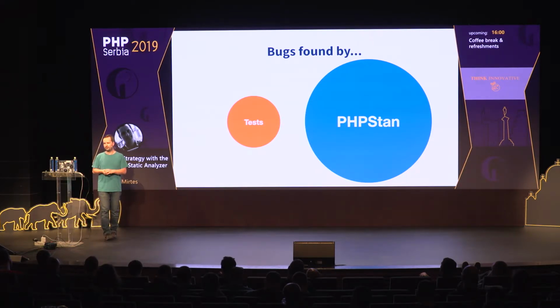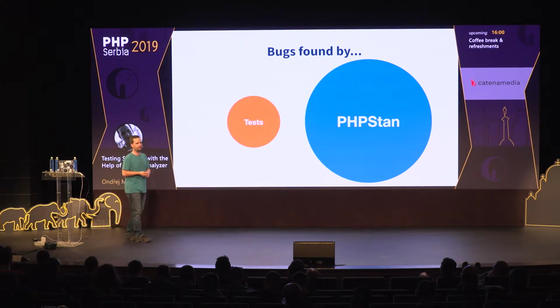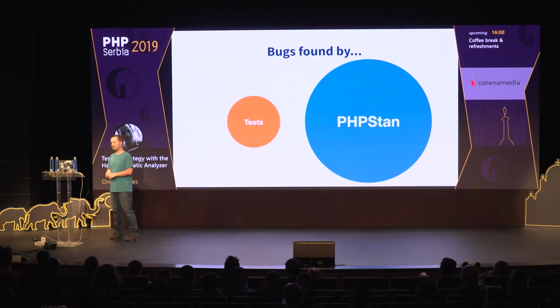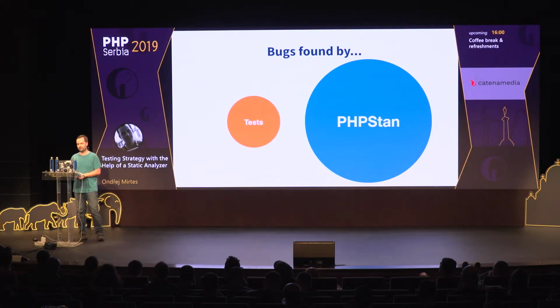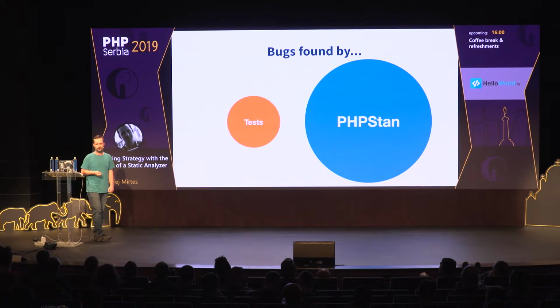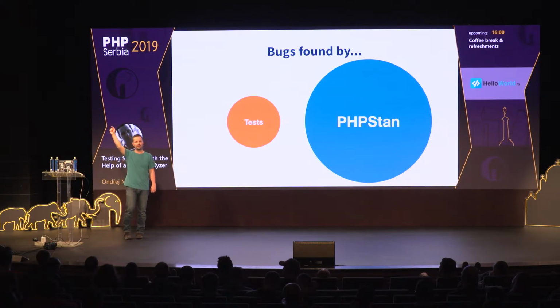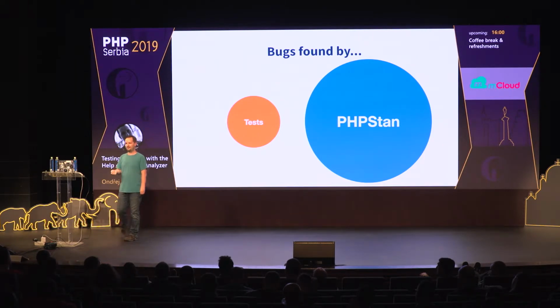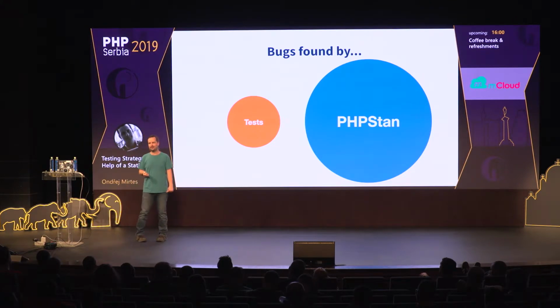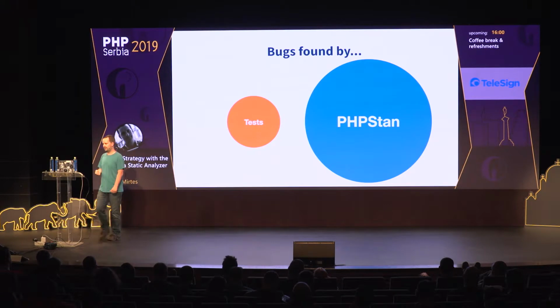Of course, I'm not saying that you don't need tests at all, but by saving some effort, you can focus on where they matter the most, which is business logic. And it might be a controversial thought, but I think that 100% coverage, who has 100% code coverage in their code? Almost no one. So I think it's expensive and wasteful, and it can be achieved only with some big sacrifices. So this is also why PHPStan exists, to help you find some bugs.